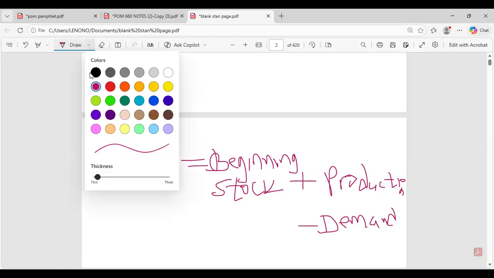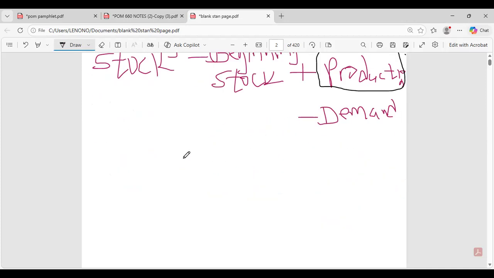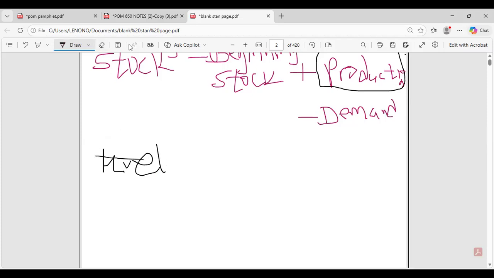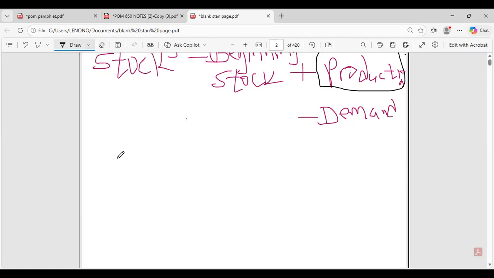But how would you get this production here on a level basis? Level production is equal to what?